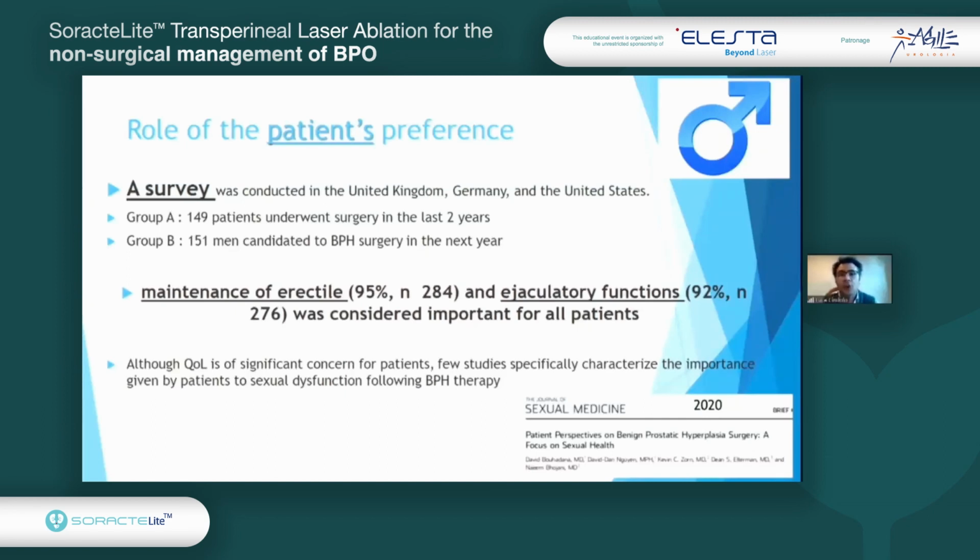Of course, it is quite obvious that all men have interest in maintenance of ejaculatory function, but here there is a very good analysis of what the patients who lost ejaculation said about the loss of ejaculation. At the beginning they were well convinced and well trained to receive this alteration of the ejaculatory function, but after the procedure, they are quite disappointed about that. So the men candidates for BPH would like to receive something more gentle, less aggressive on their ejaculation.